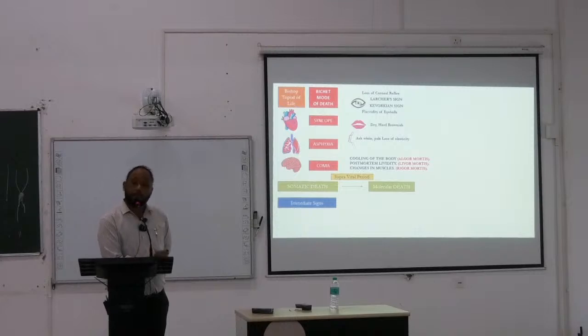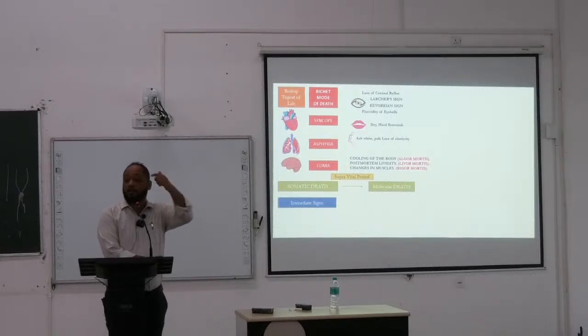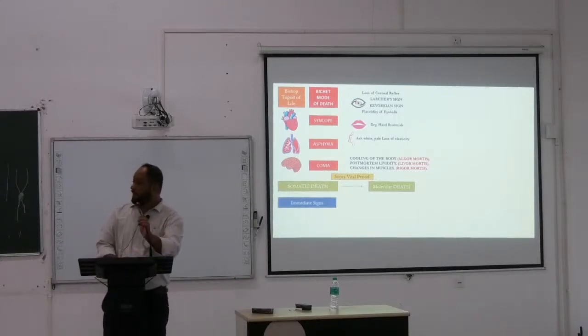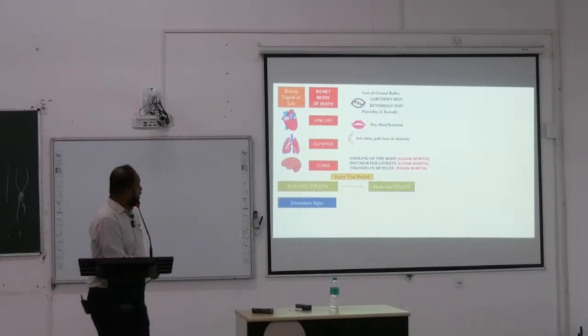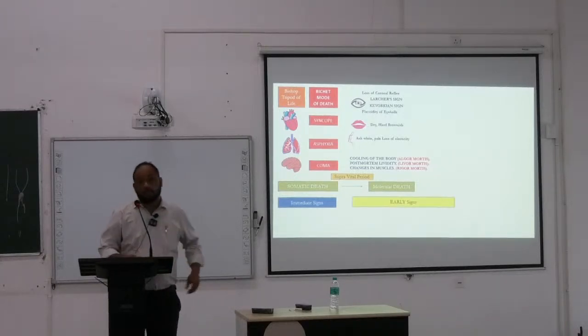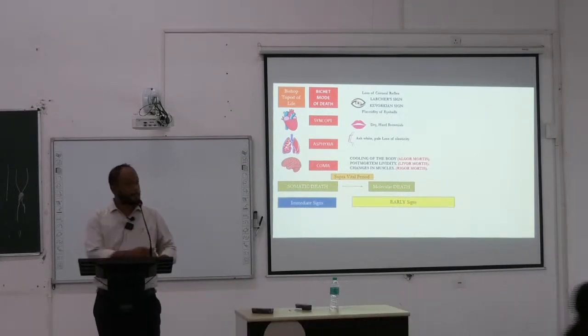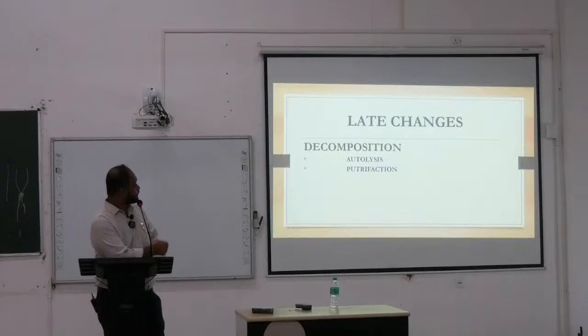Cooling of the body. Okay? What is livor mortis? Post-mortem staining. Red-colored marks were appearing at the back, do you remember? Slight idea coming? Okay, so these are early signs. Today's topic is late signs. So let's start the class.